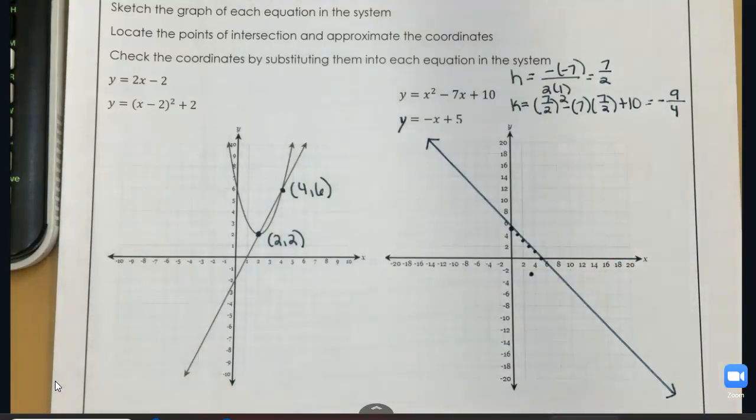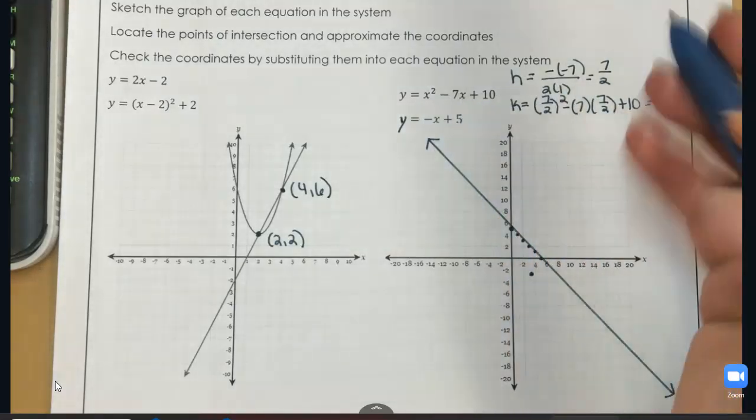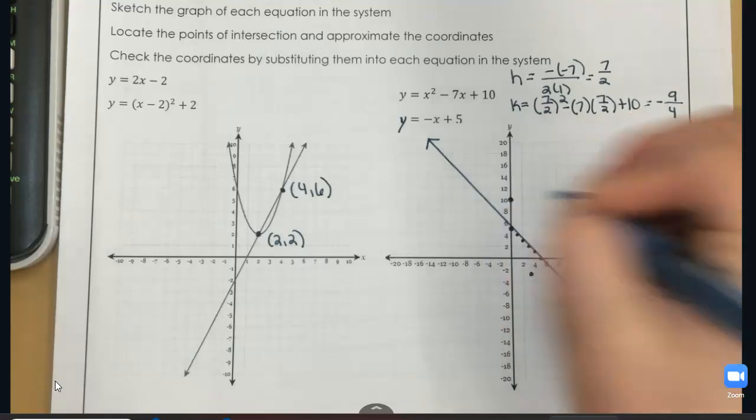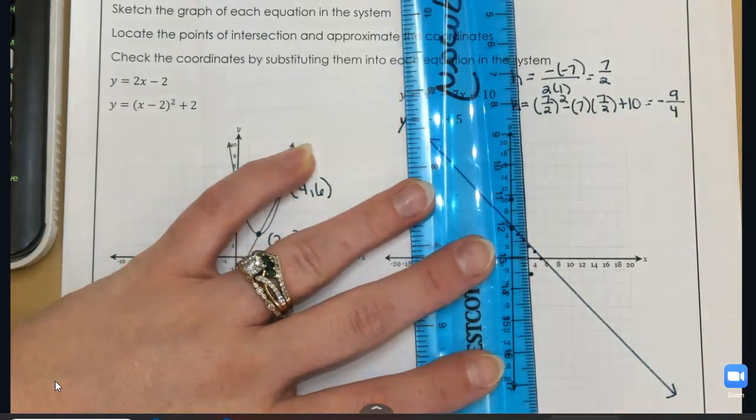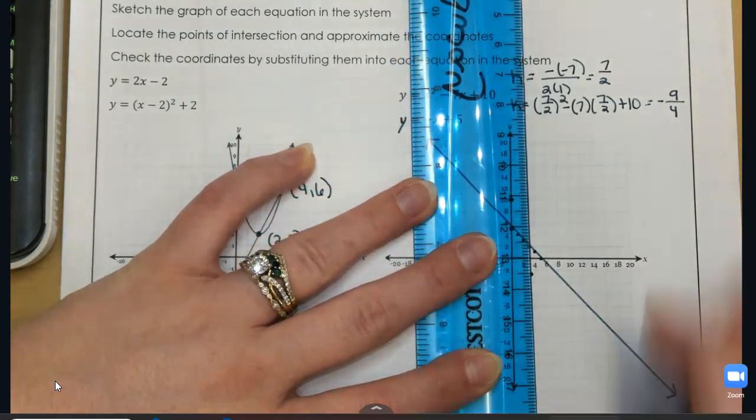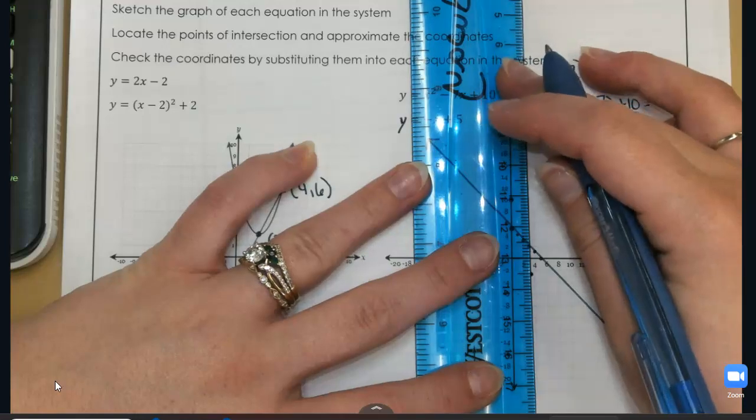Another thing I can do is find my y-intercept. If x is 0, that means my y-intercept is 10. Okay, that's helpful. So then I could find my symmetric point. I plot that axis of symmetry here.